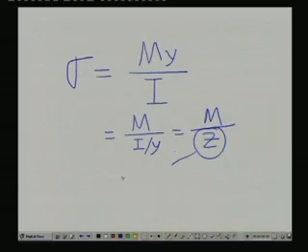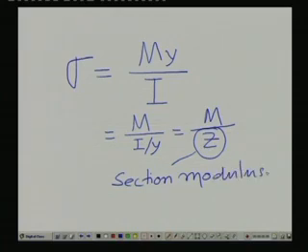The Z is called the section modulus. This is a very important parameter in the bending of beam.